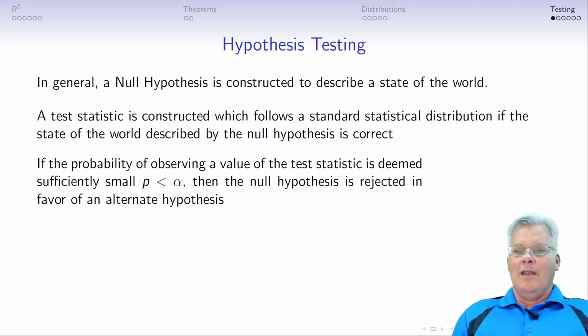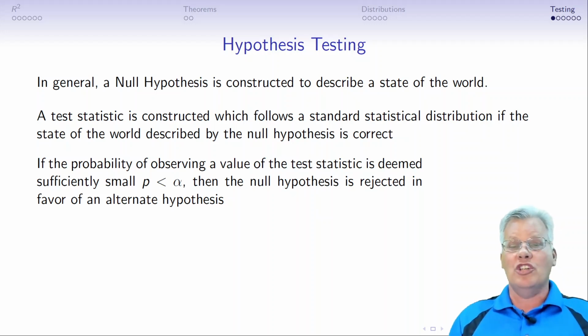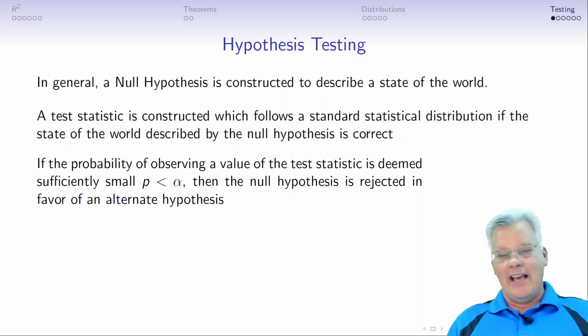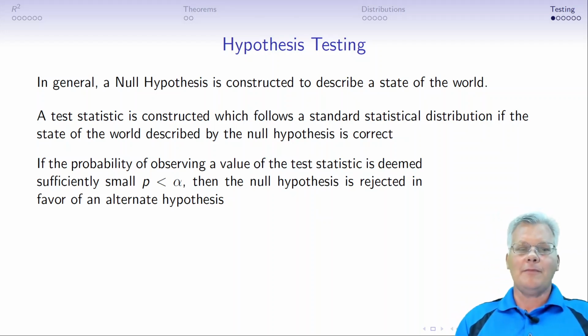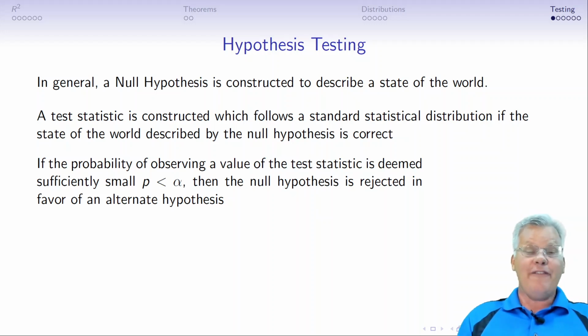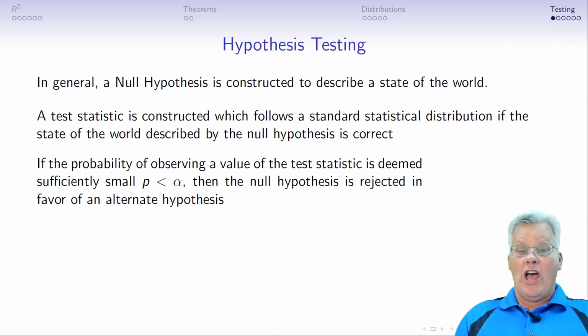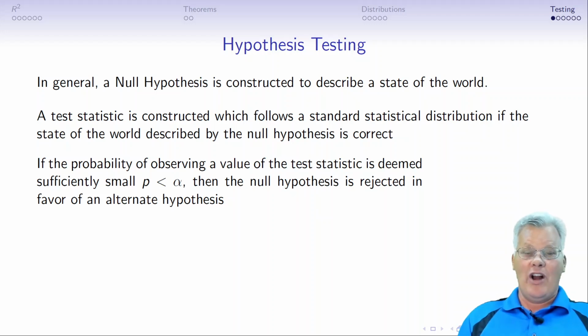Right? And we construct it in such a way that it follows a standard statistical distribution, whether that be t, chi-squared, or f. So the test statistic is constructed which follows a standard statistical distribution if the state of the world described by the null hypothesis is correct.